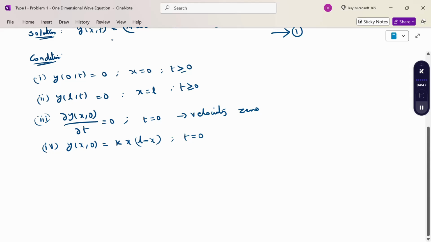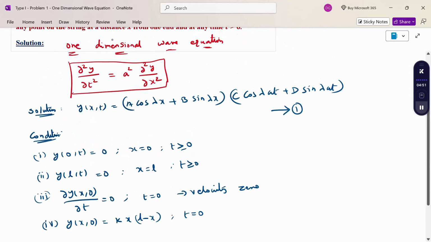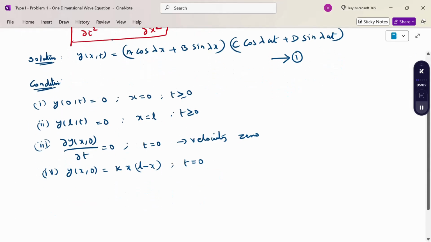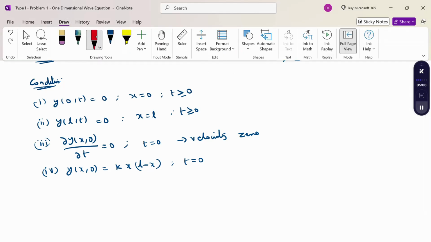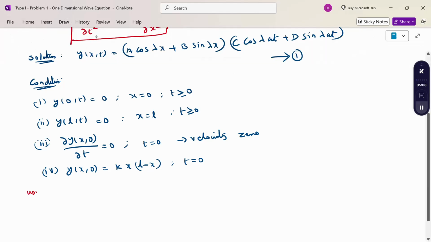Now what we are going to find out is the four constants, which we are going to calculate using these boundary conditions and initial conditions. Because we are going to calculate the values of A, B, C, D. So now, using condition 1 in equation 1.